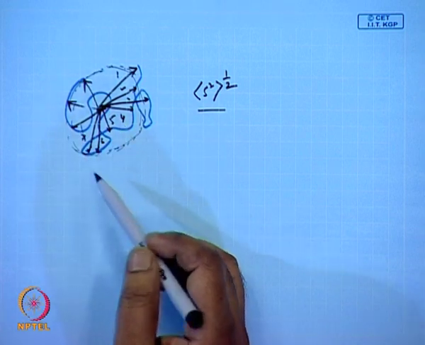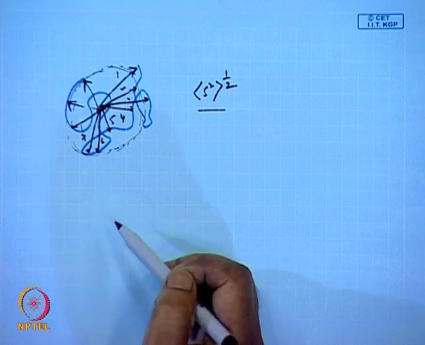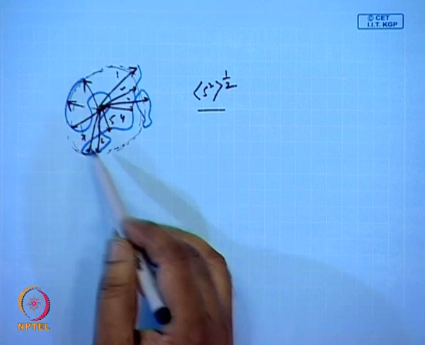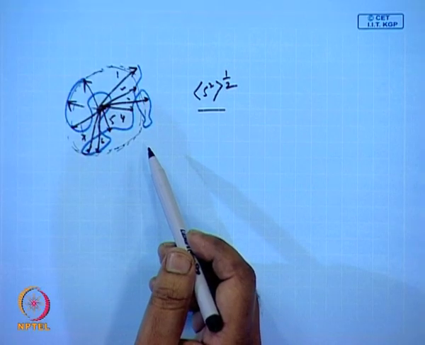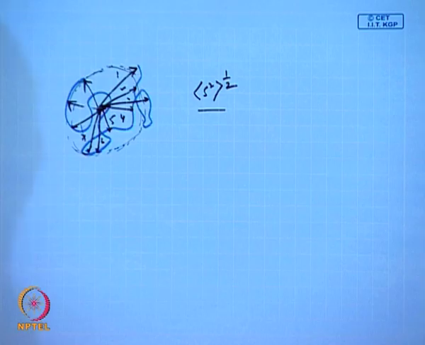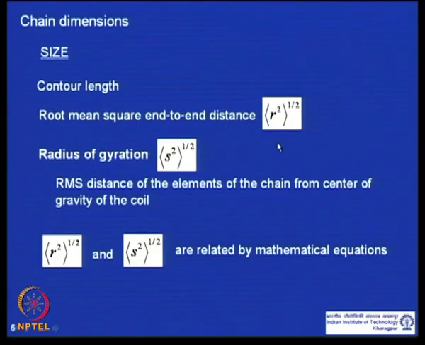Or if you have a cyclic polymer, where there are no ends, then end to end distance is also not possible. In those cases, the radius of gyration is more useful, whereas the root mean square end to end distance is more useful for describing the rubber elasticity behavior of a polymer coil.